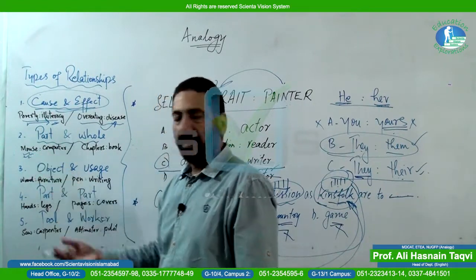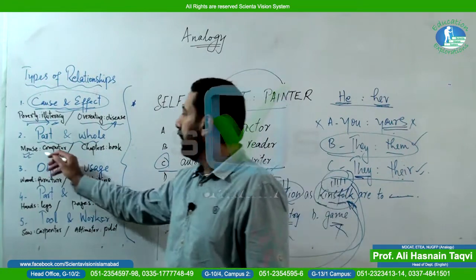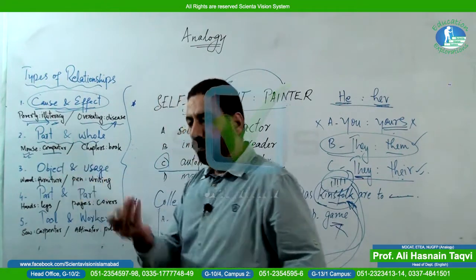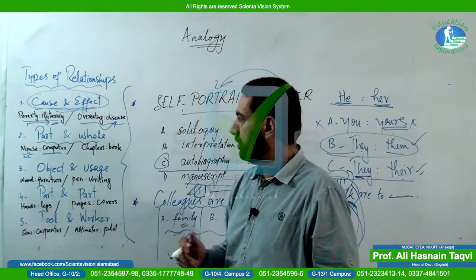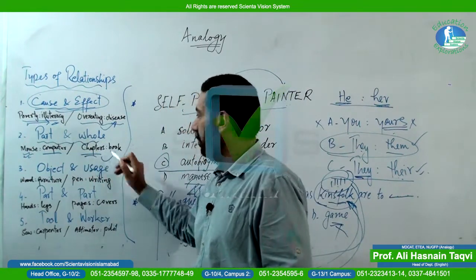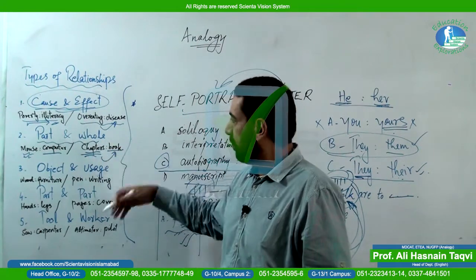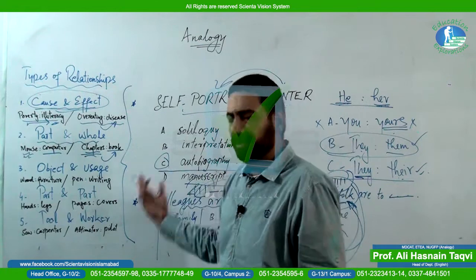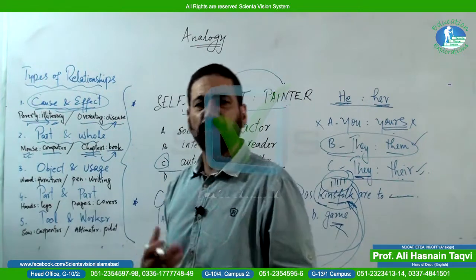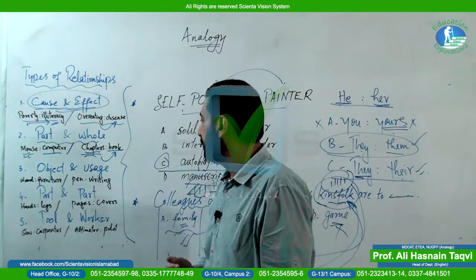It's not the plural form, mice. It's related to computer. So mouse is a part of computer. So part to whole relationship. Chapters are part of a book. This is the whole relationship, this is the part relationship. So the part and whole relationship can be easily deciphered if you already know that this is one type of combination that you may come across.